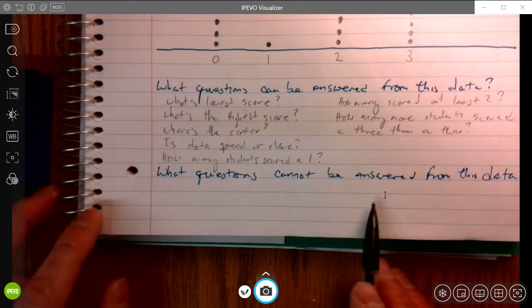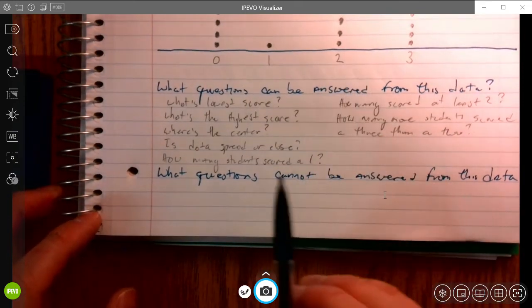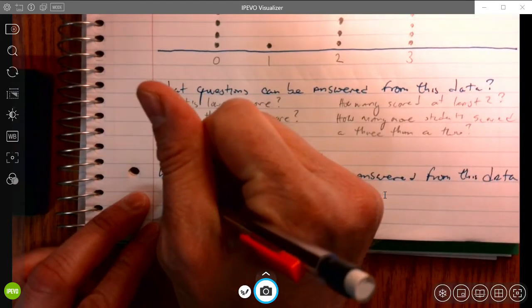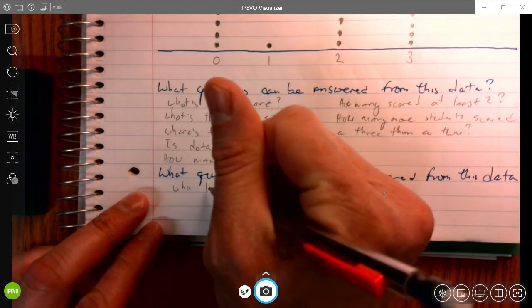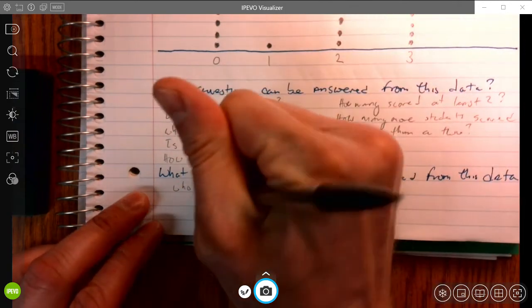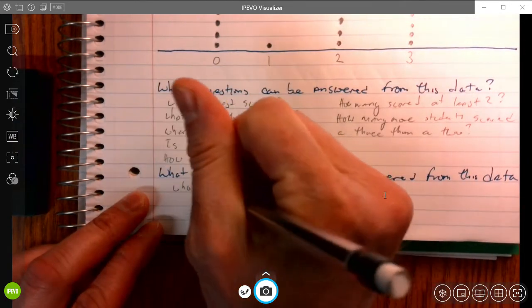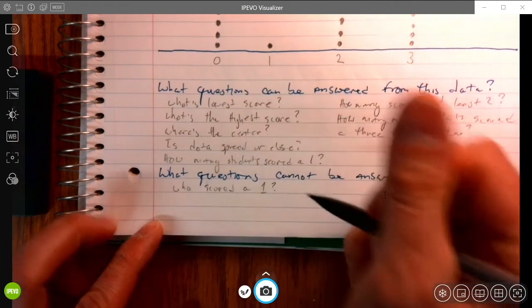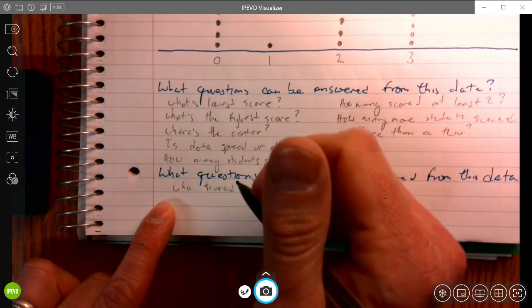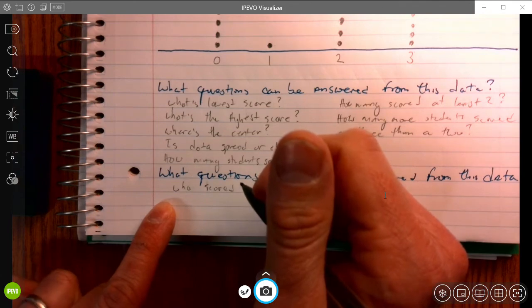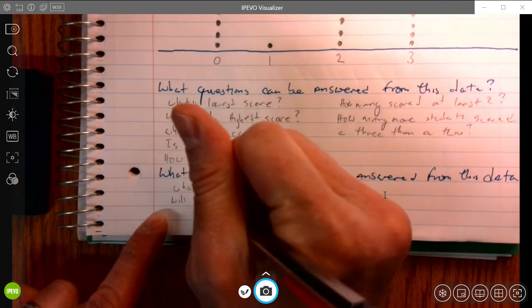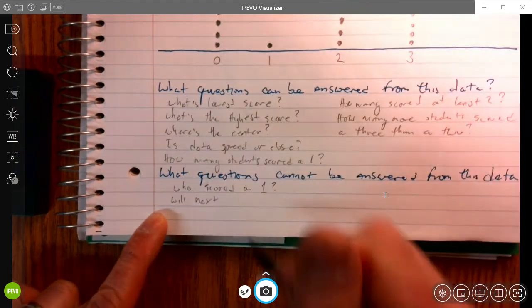What questions cannot be answered from this data? Questions that can't be answered from this data are things like who scored a 1? Or will next year's 5th graders score the same? Right? This doesn't help me answer these questions.